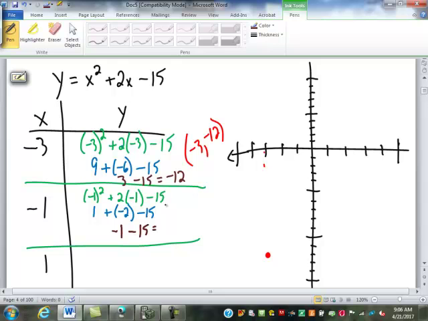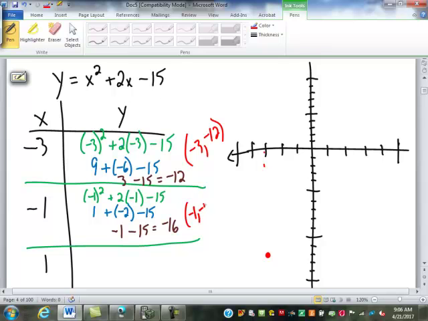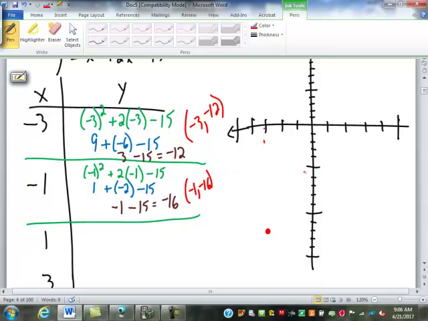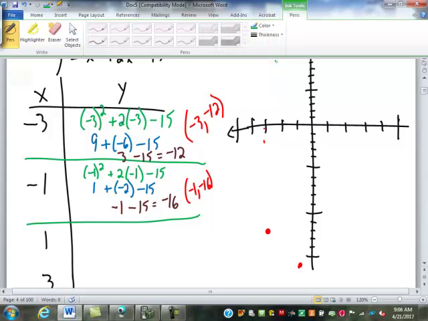Minus 15 is negative 16. So that gives me the point negative 1, negative 16. So negative 1, negative 16 is right down here. Any questions so far?